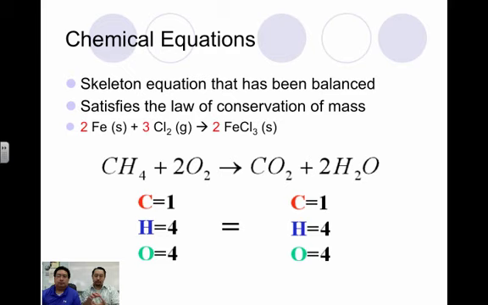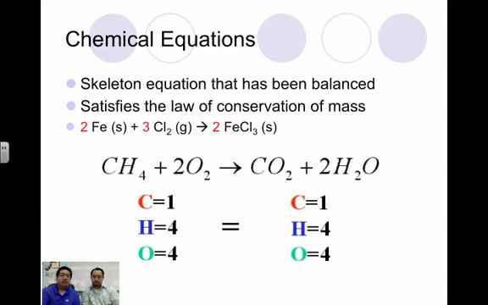If you had a jar filled with, in this case, methane gas and oxygen, and you had this reaction running on top of a scale, and you lit it on fire inside, the scale would measure the same weight before and after. Nothing would change. And that's why we have our balanced equations.